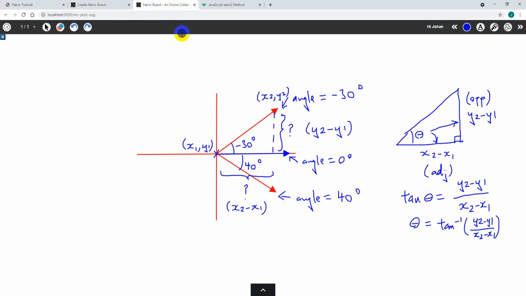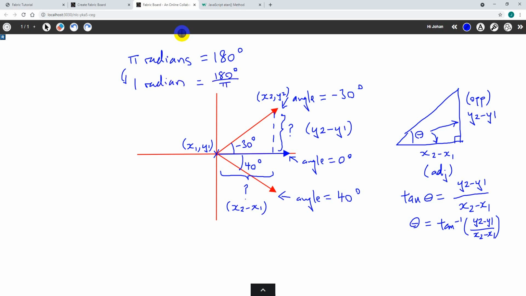We know that pi radians is equal to 180 degrees. So if I have 1 radian, I will have 180 degrees divided by pi.